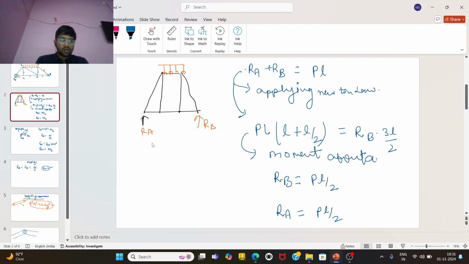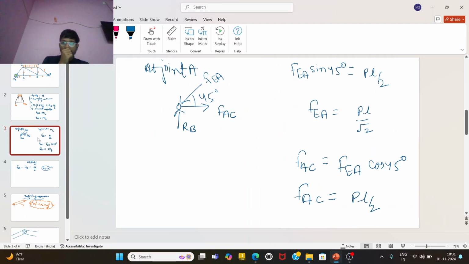Now we pick a single joint and do the analysis. Here at point A, the reaction force is RB. This is basically a joint.